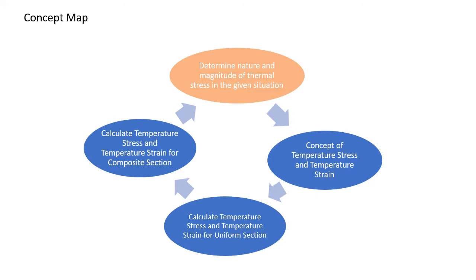For achieving this target, we have to follow the following steps, that is concept of temperature stress and temperature strain. Then calculate temperature stress and temperature strain for uniform section, and then calculate temperature stress and temperature strain for composite section.